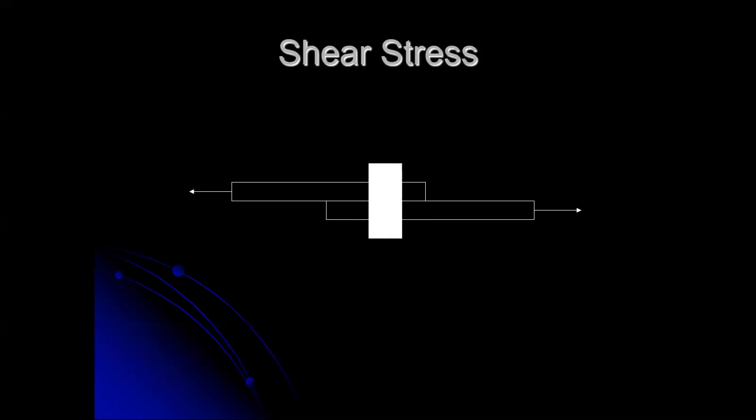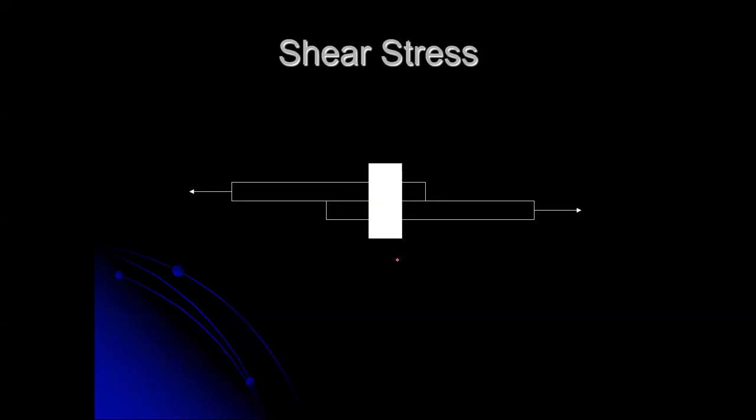Now that pin, if it's made of strong enough material, will be able to keep these two plates from moving. But the difference between this and the glued example is that these parts of the plates over here and over here that are away from the pin aren't really doing anything to fight the shear stress. So it's not always the overlap area that's important.